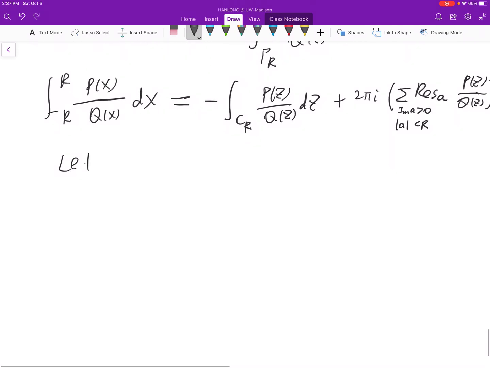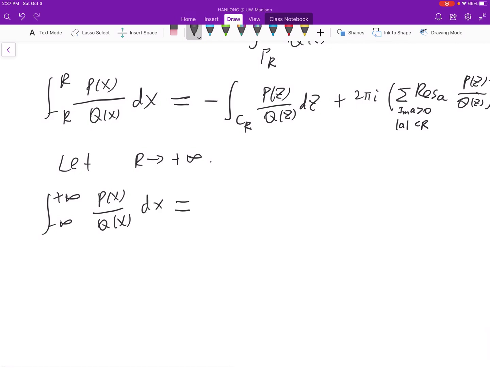Okay, let r go to positive infinity. The left hand side is the real integral we want, and on the right hand side, the circular integral goes to 0.